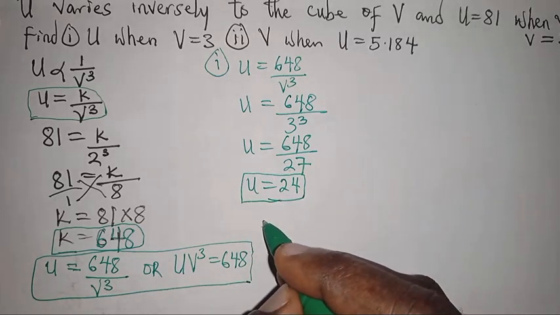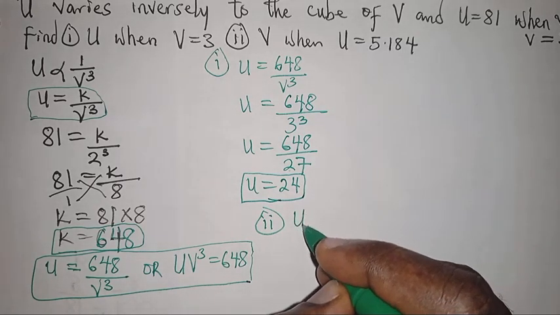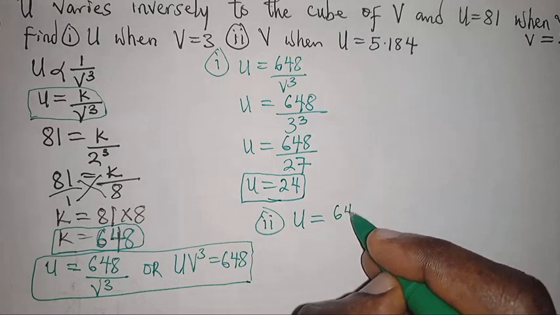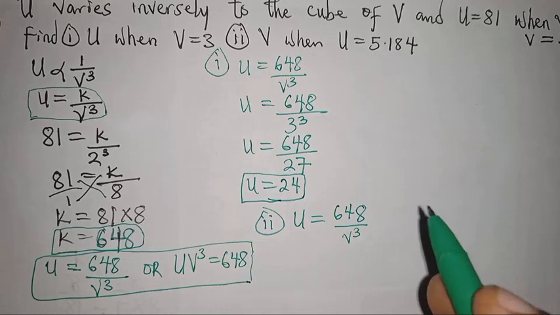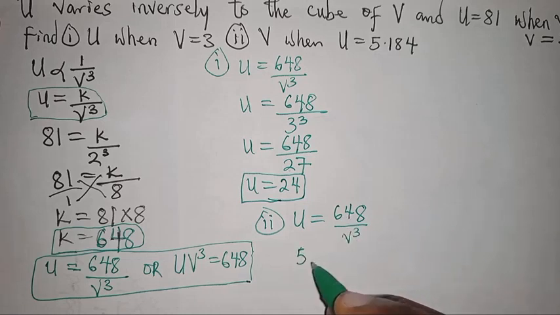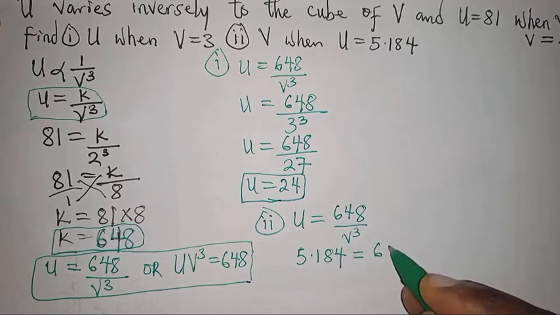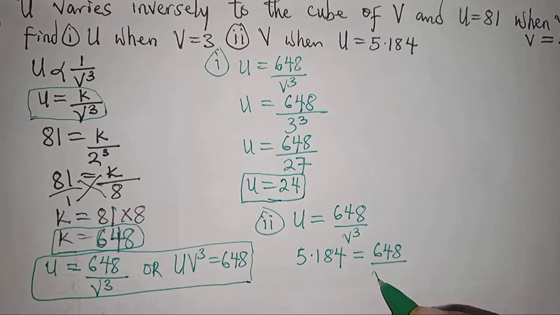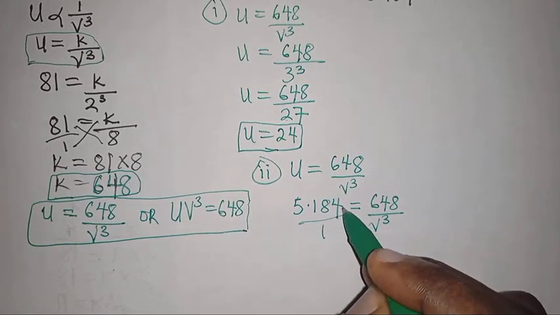Then the next part of the question says find v when u equals 5.184. So you still have to go back to the relationship: u equals 648 divided by v cubed. Now this time we're given u, which is 5.184. So 5.184 equals 648 divided by v cubed. What do we do next? We just simply cross multiply.